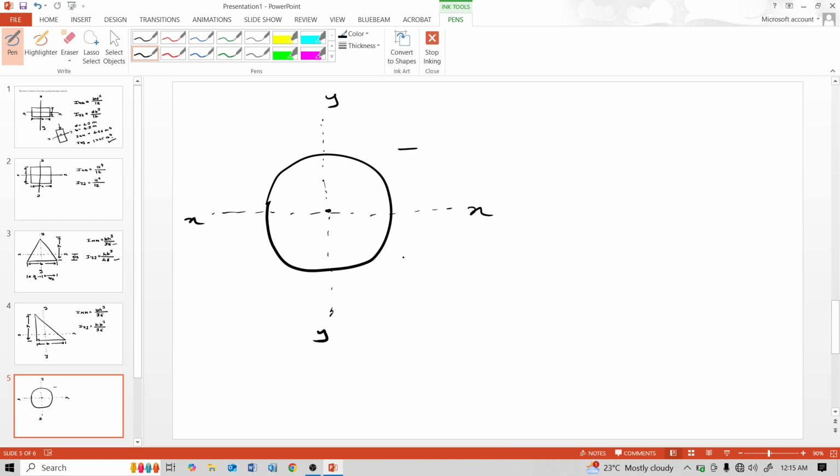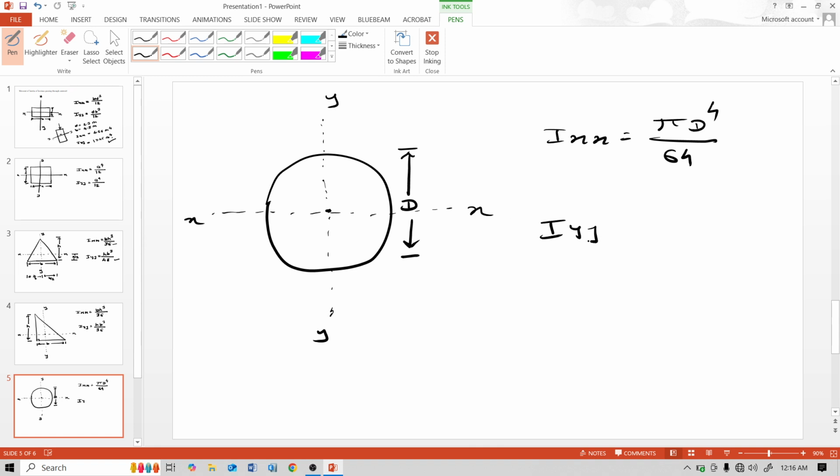Capital D is diameter of circle. IXX is equal to pi d raised to 4 by 64, and IYY is equal to pi d raised to 4 by 64. For circle, both moments of inertia IXX and IYY are same because diameter is same.